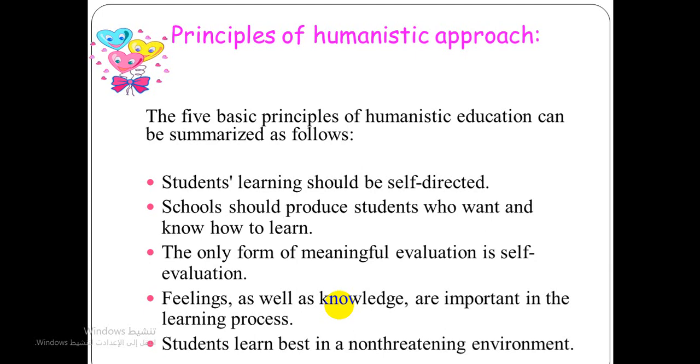Also, humanistic educators believe that grades are irrelevant and that only self-evaluation is meaningful. Grading encourages students to work for a grade and not for personal satisfaction. Moreover, humanistic educators are opposed to objective tests because they test a student's ability to memorize and don't provide sufficient educational feedback to the teacher and the student.